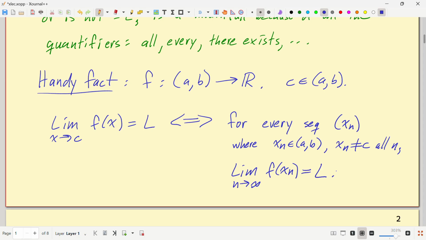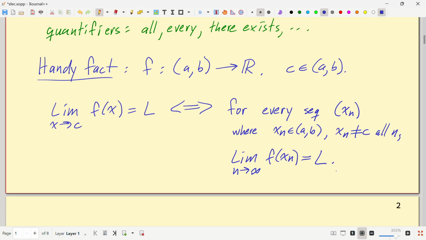It's fairly straightforward using the definitions to demonstrate this fact. I guess the most interesting direction I'll let you read in the book. It's fairly straightforward, and I went through a similar argument last time about the cluster points piling up.